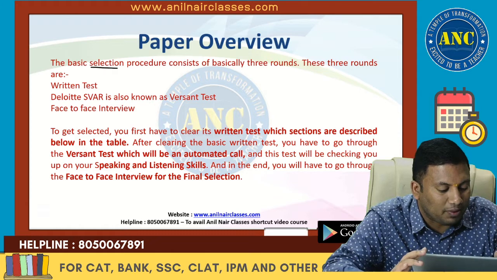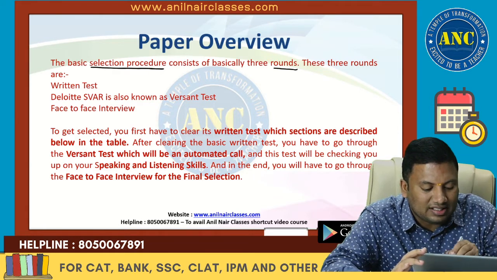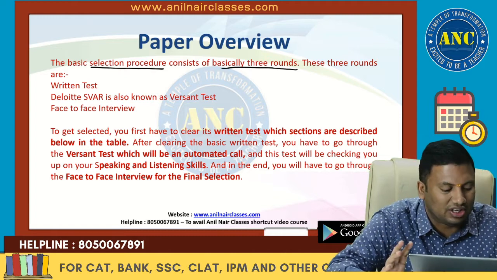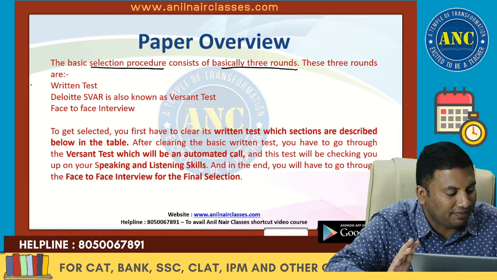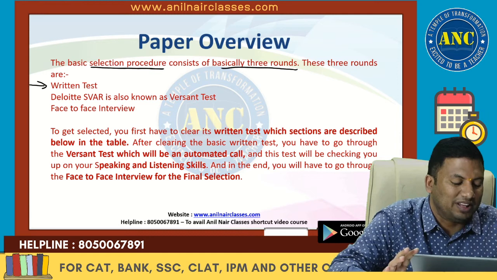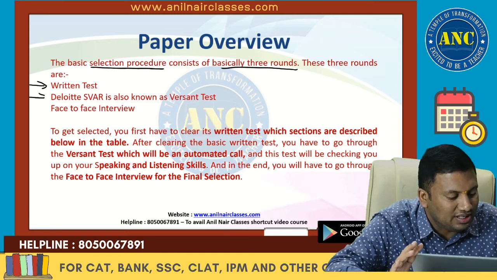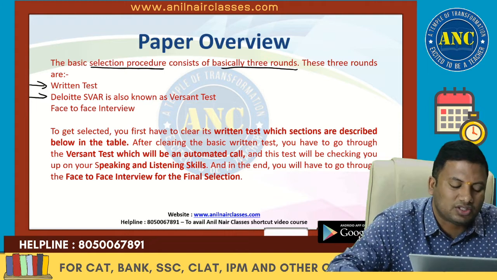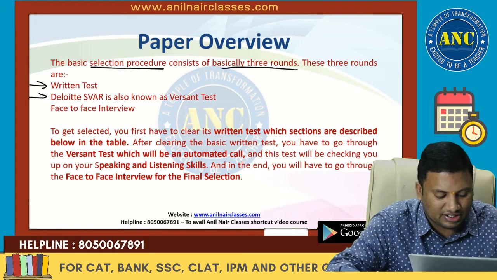Deloitte selection process consists of 3, sometimes they might also go to 4 rounds. In general, it is 3 rounds: round 1 will be the written test, and round 2 is nothing but the Deloitte SVR test, or sometimes they also call it the Versant test.